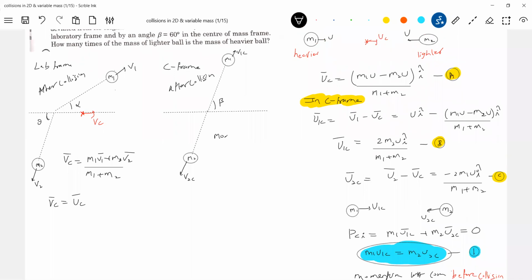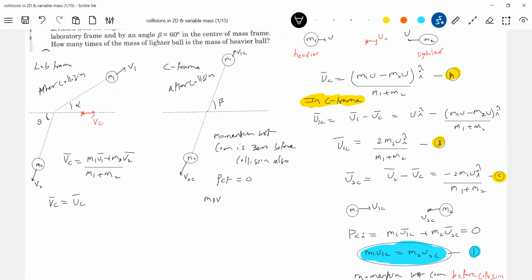So the same idea I'm going to bring here. Momentum before collision also, what is the basic idea? Momentum with respect to the center of mass is always 0. So from here, PCF, I'll write it: momentum of system with respect to center of mass, finally after collision. So what is the formula?